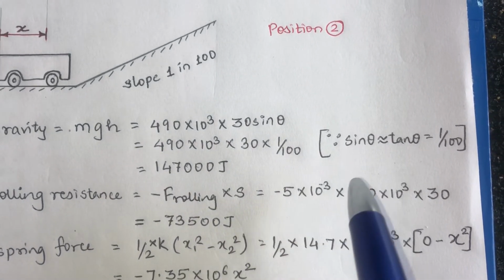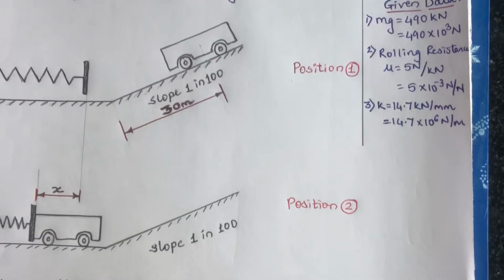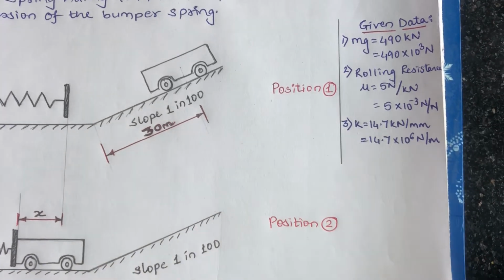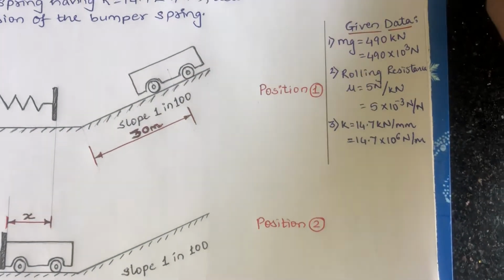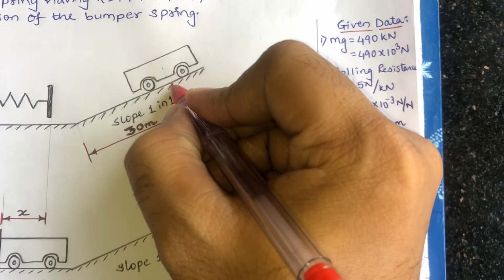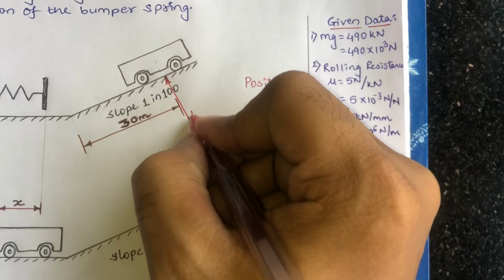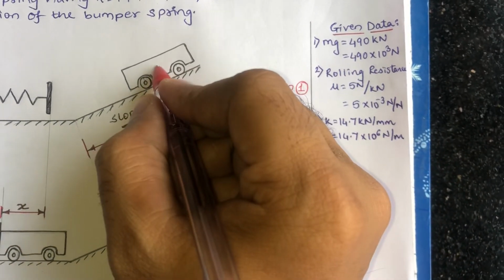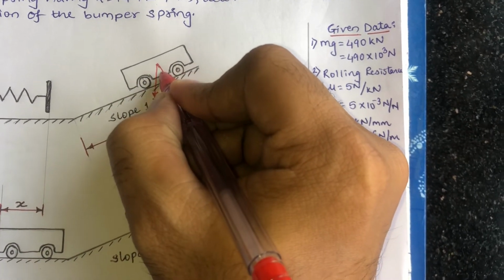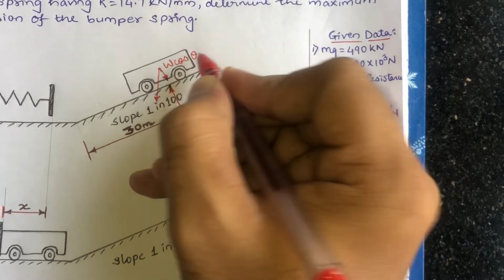Now the question arises, how come N will be only 490 into 10 to the power 3? If we look at the question, here the N will be acting, so you will be having a cos component of W, which is W cos theta.